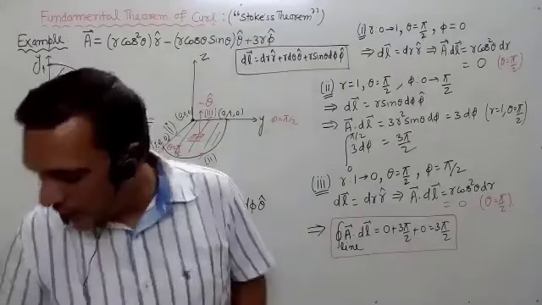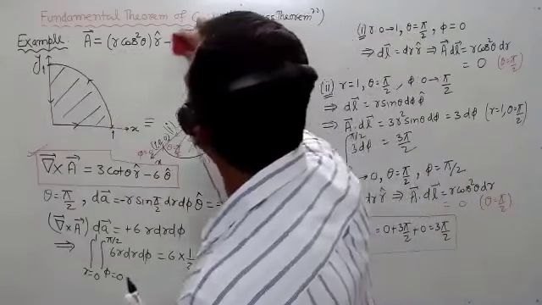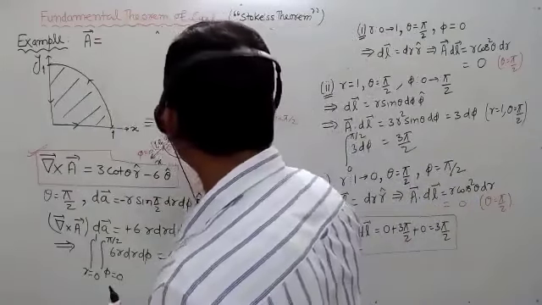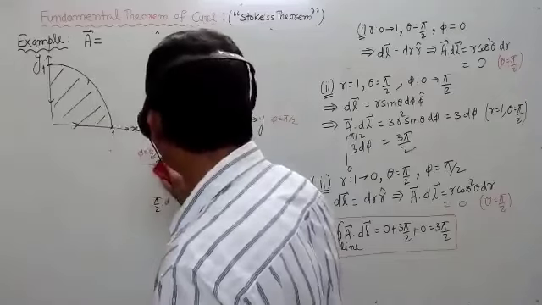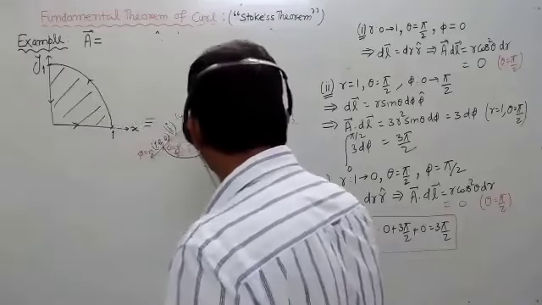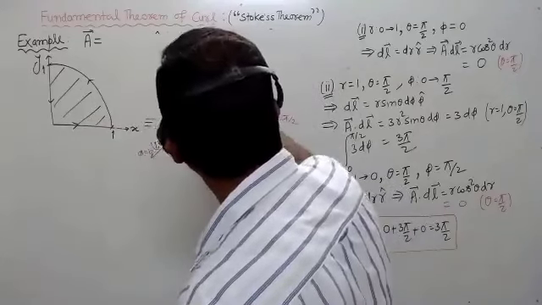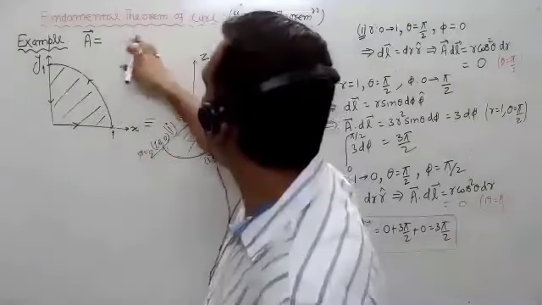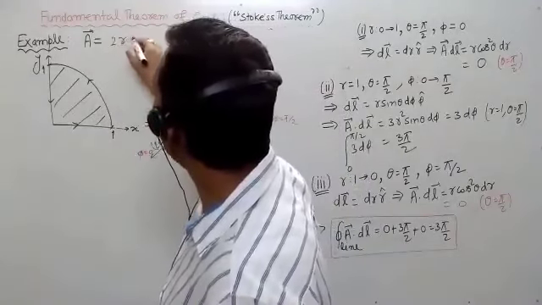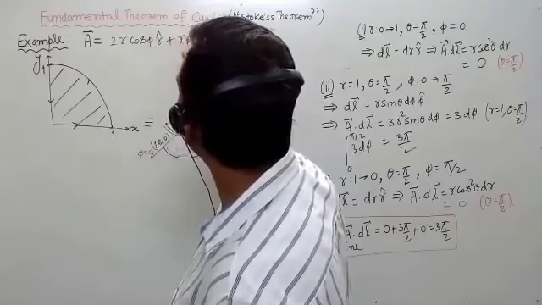Same example in cylindrical symmetry. So I will just change the vector. Same symmetry, but now vector A is given as 2r cos phi r cap plus r phi cap.